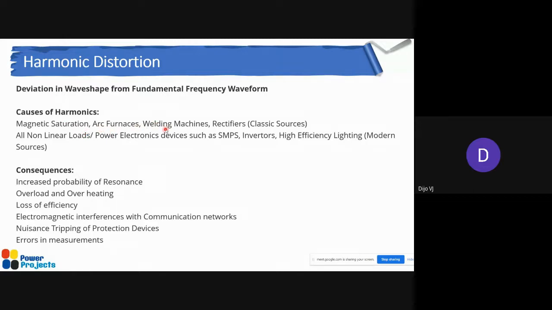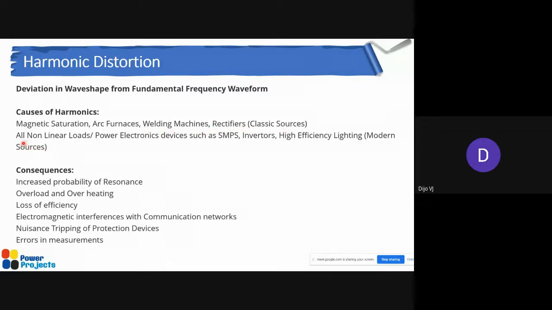Arc furnaces can create harmonics. Welding machines, like arc welding machines, are basically a kind of short circuit, so that can also create harmonics. But a short circuit is not expected. When it comes to loads such as welding machines, there will be frequent switching on and off, so it can cause a harmonic issue. Rectifiers, yes.